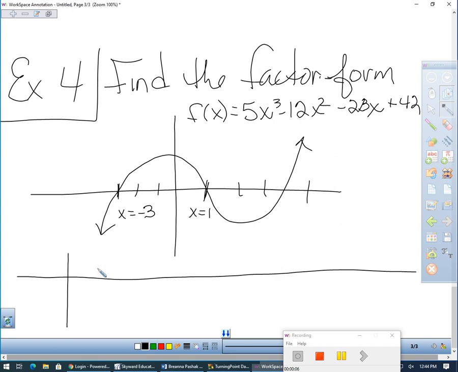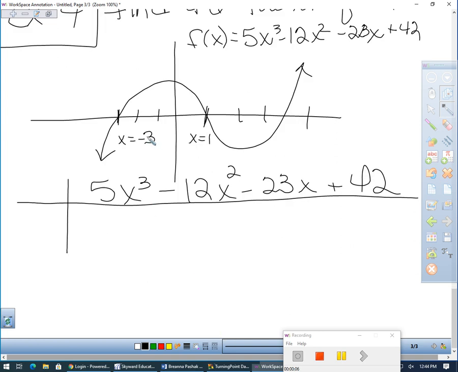So right here I have 5x to the third minus 12x squared minus 23x plus 42. All right. Huh? Plug what numbers? Well, hold on. I'm trying to hear Shelby's question. Sorry.